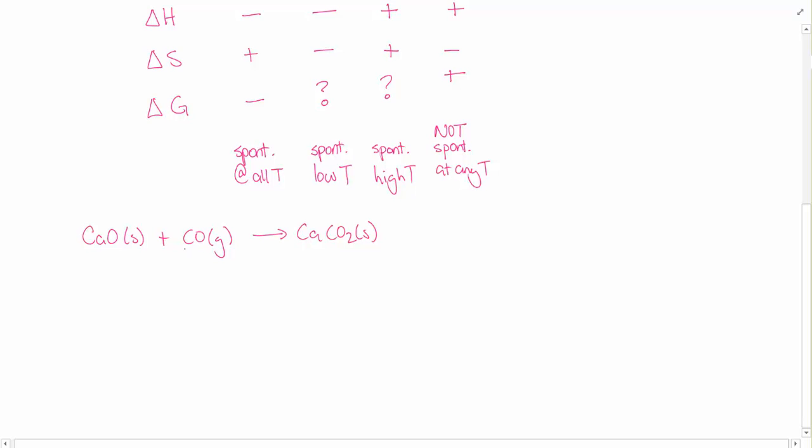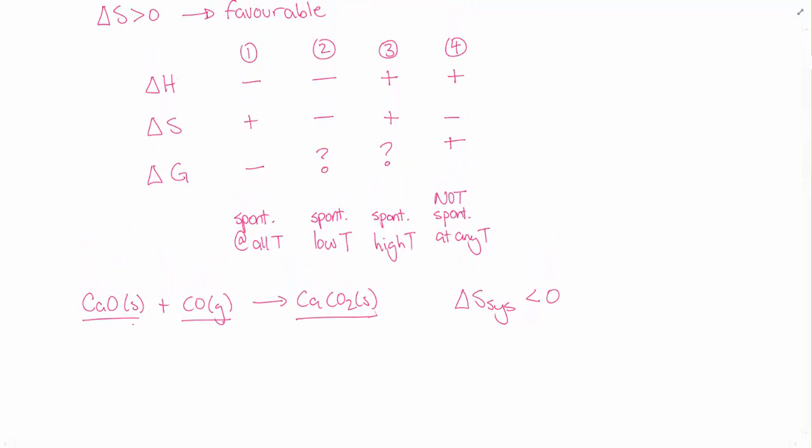Now we can see here that because we're going from 2 molecules, 1, 2, to 1, and because we're going from a solid and a gas to just a solid, that this has an entropy of the system change that is less than 0. It involves a decrease in entropy. So we are either in this case here or this case here.